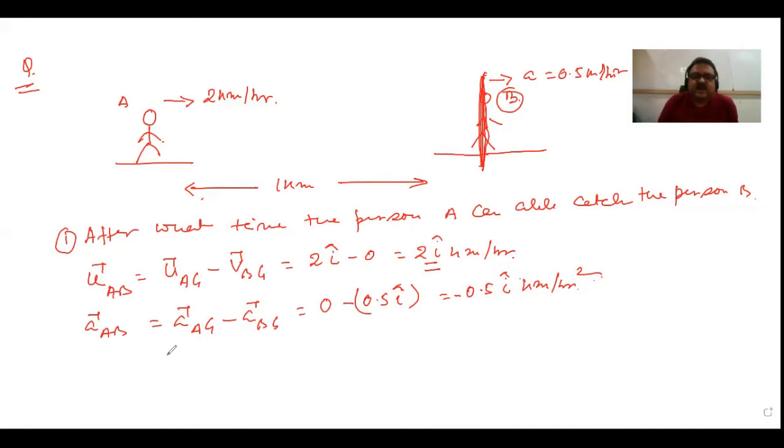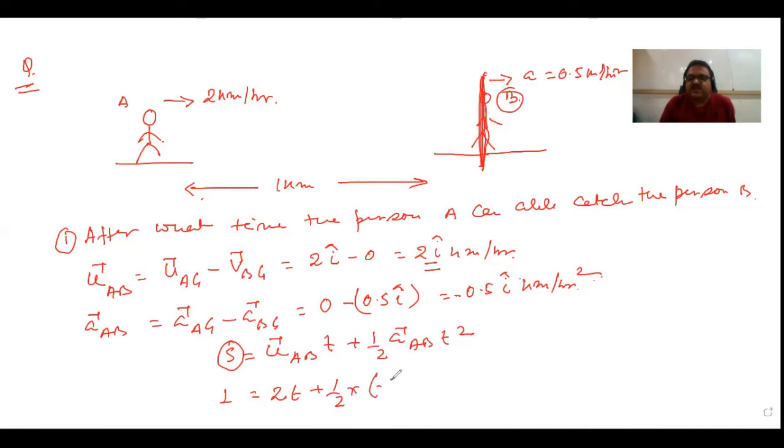Okay. Now let's apply the formula. S is equal to U relative, U_AB into T, plus half a_AB into T square. What is S? Because he is thinking he is at rest, the separation is 1 kilometer. So 1 kilometer. What is U_AB? It is 2T plus half, what is this? This is 0.5, but minus, T square.